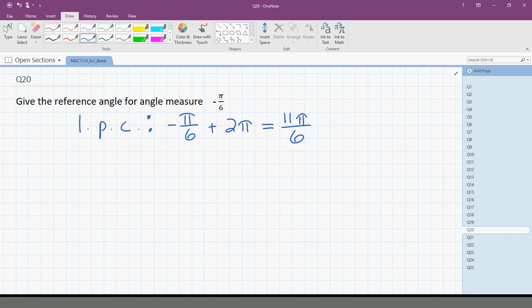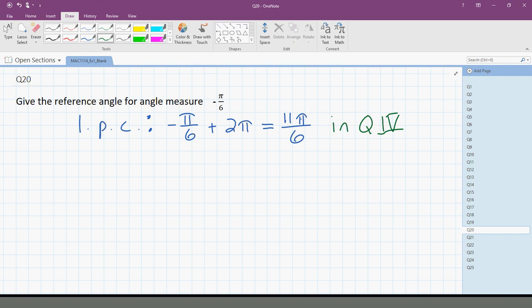So, real quick, what quadrant is that in? If I take 11 divided by 6, what do I get? 1.83 repeating. So what quadrant must that be? Not quadrant 3. Has to be quadrant 4. Because in quadrant 4, you're between 1.5 and 2.